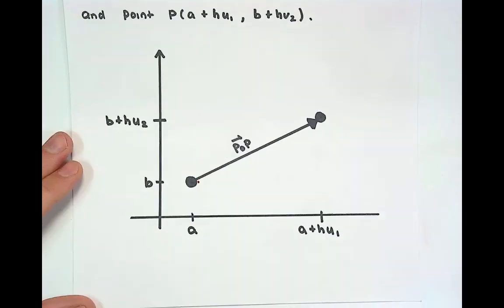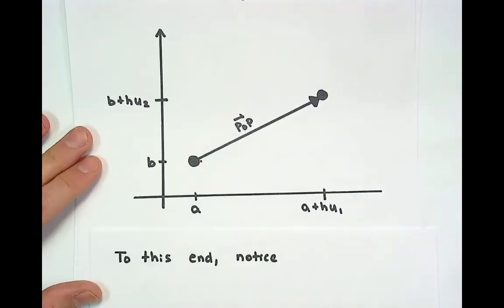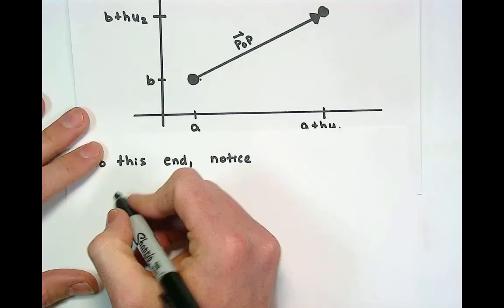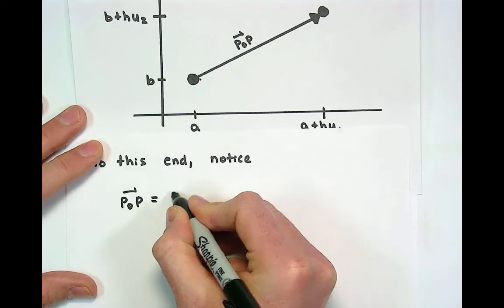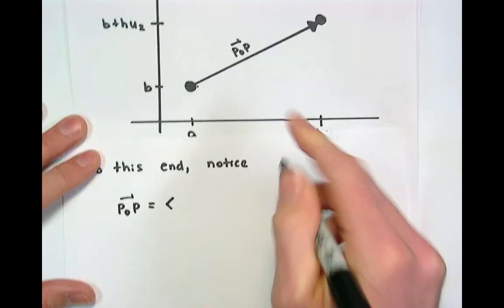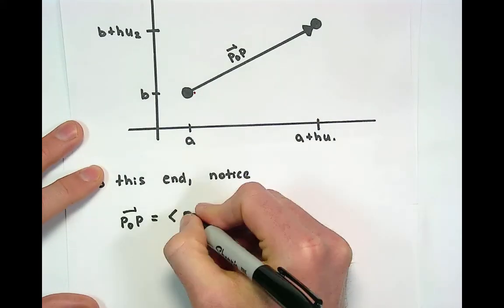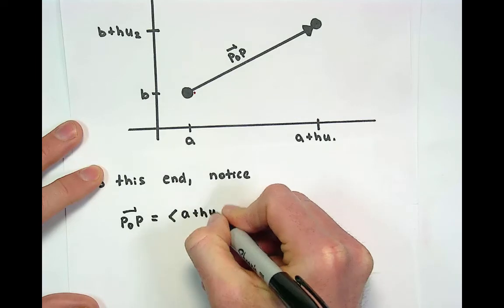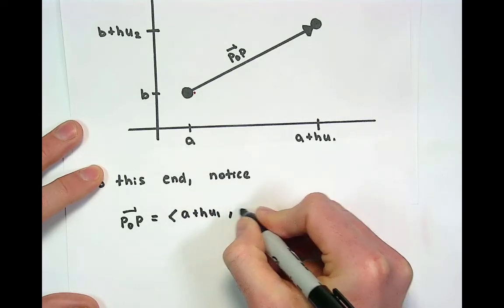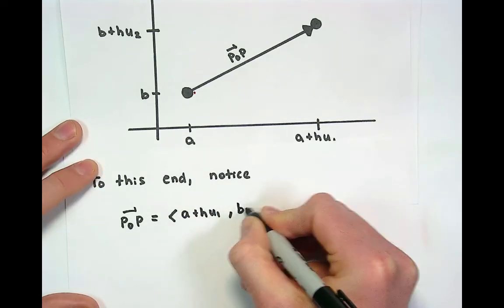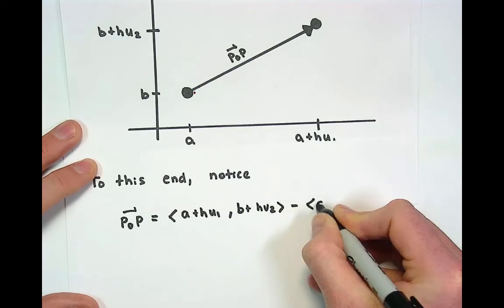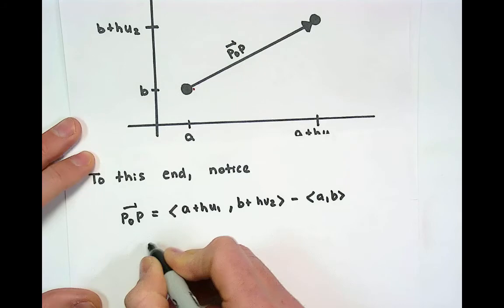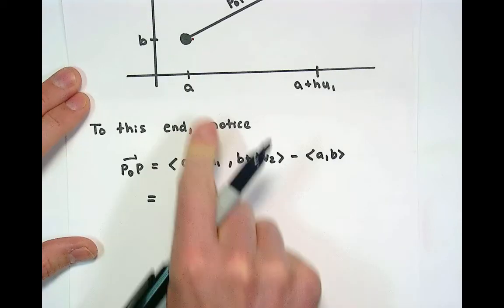And what I want to do is kind of remind us how to do this length. Well, recall that the vector connecting p naught to p will have coordinates. We know that the point p is given by a plus hu1, b plus hu2, and then we're going to subtract the coordinates of the point p naught.